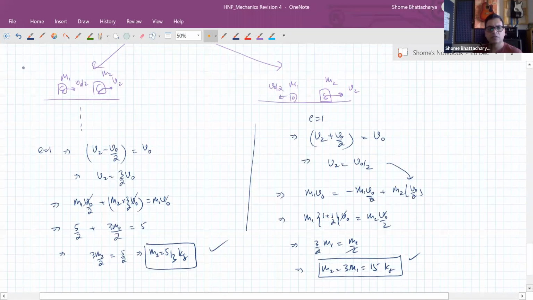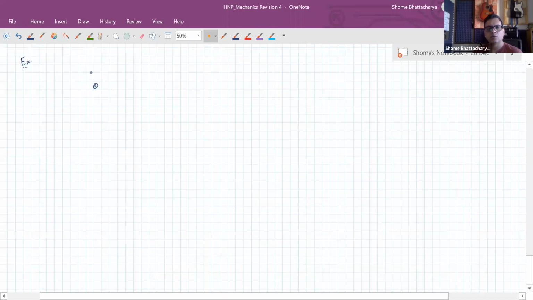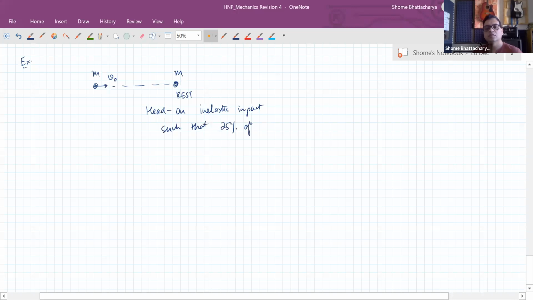So you could have a situation like this, where a body of mass m going with a speed v naught collides with, let's say, another identical mass at rest, and it is a head-on inelastic impact such that 25% of kinetic energy is dissipated due to the impact.